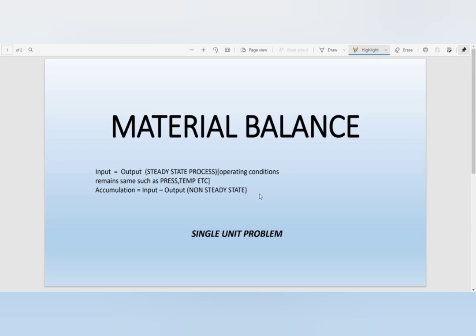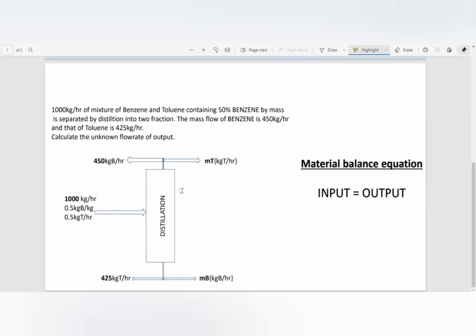But in this video we will be covering the steady state process condition, because we will consider temperature and pressure constant, as no information about temperature and pressure is given in the problem. Let's look into that problem.